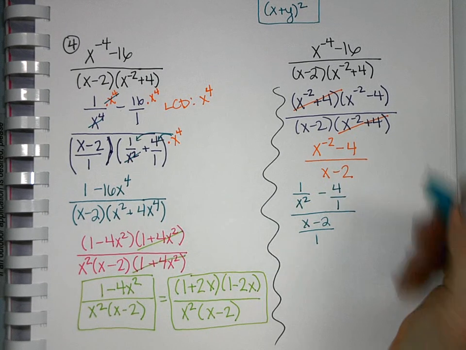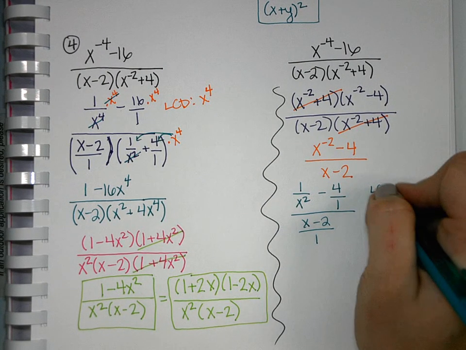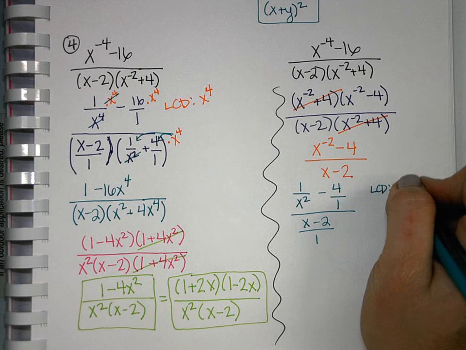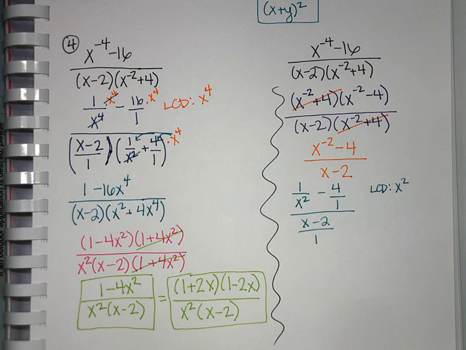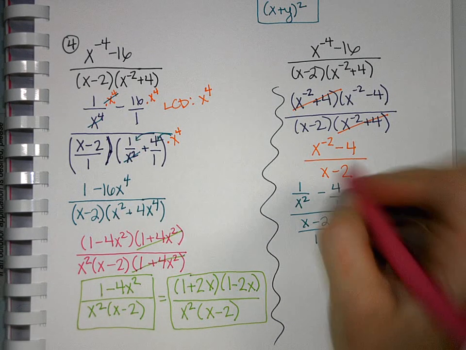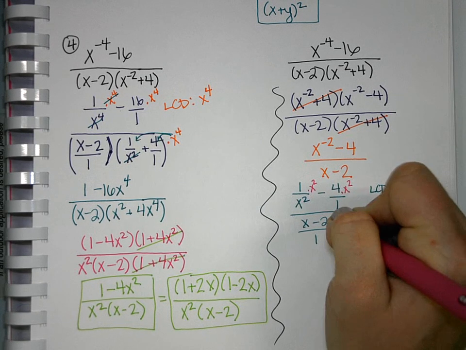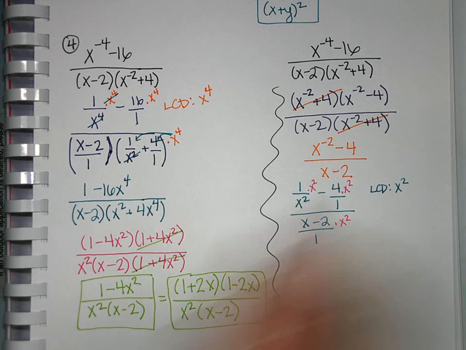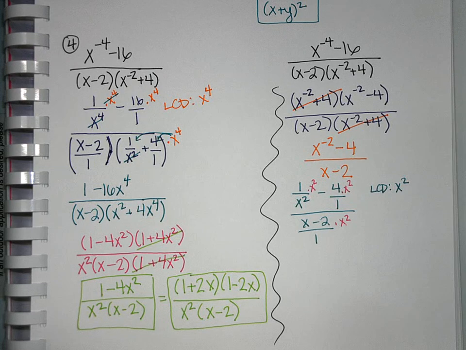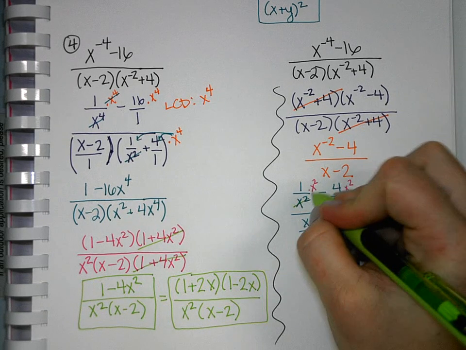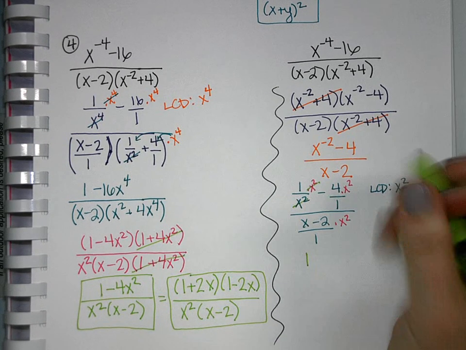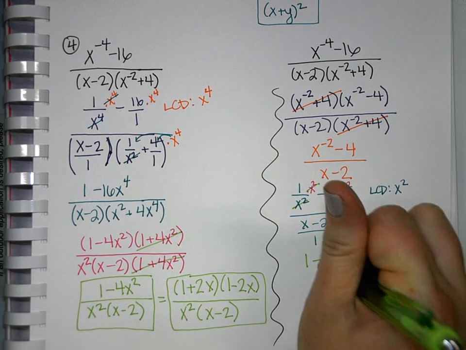So we would have our LCD, which is x squared. So our x squared is already reduced as well. So here I'm going to multiply everything by x squared, my LCD. So x squared will cancel, and I'm left with 1 minus 4x squared.